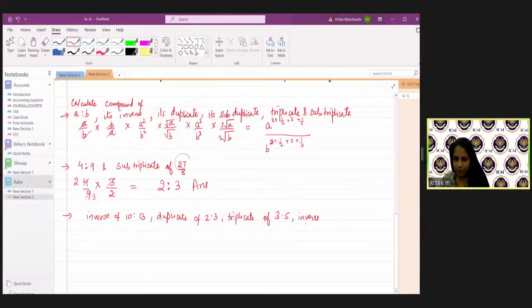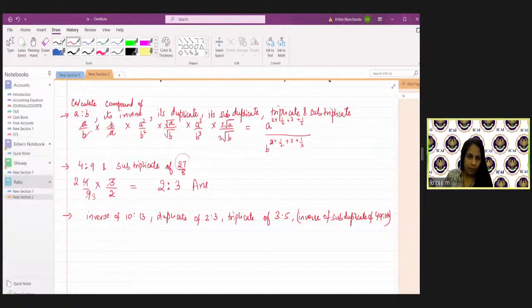Let's add some twist. Inverse of subduplicate of 49:100. It looks complicated, but when you break it into steps and solve it, this becomes a very easy calculation.